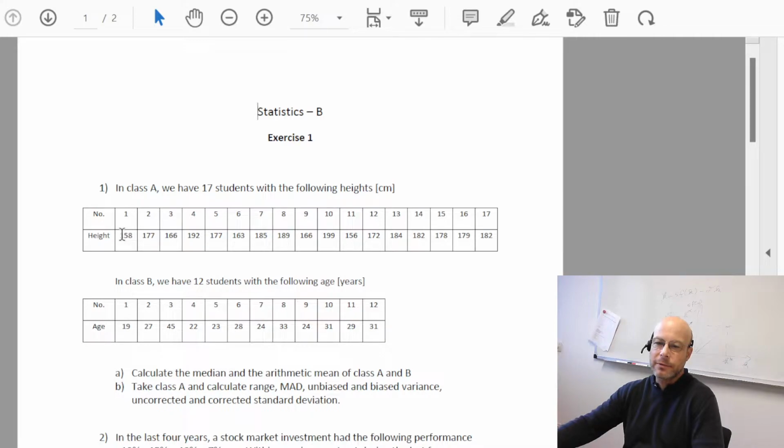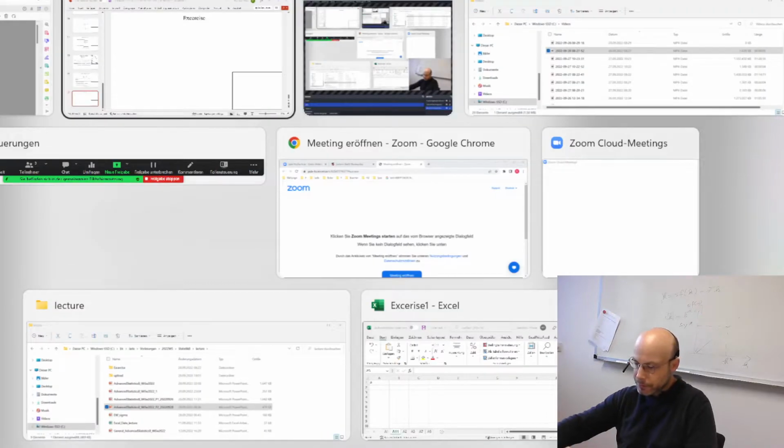First is a very tiny student, 158 centimeters, second 177 centimeters, and so on, up to number 17. Class B will have 12 students, and at first we should calculate the arithmetic mean of class A and class B. I think this is not very hard to do.